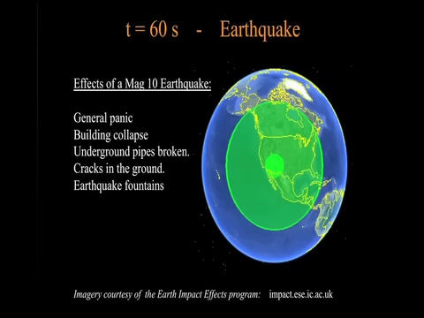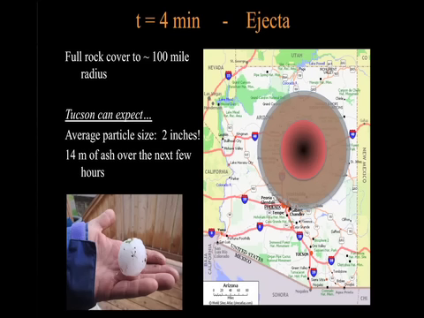We're going to get those huge cracks in the ground, and in some places, depending on what's underneath, the cracks are going to release earthquake fountains. There's going to be showers of rock and ash and mud coming out of these cracks in the ground. And the magnitude 10 earthquake is going to really obliterate the southwest here.